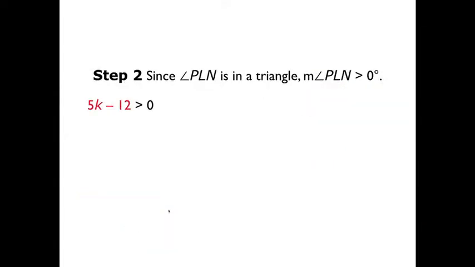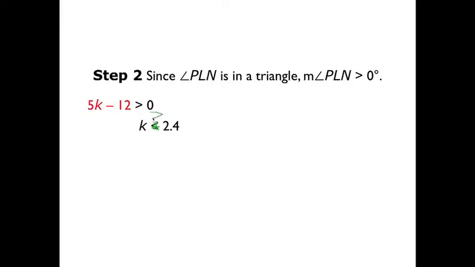So 5k minus 12 greater than 0, I'll add 12 to the other side and divide by 5 and get that k has to be greater than, sorry, this slides are a little goofy tonight, k has to be greater than 2.4.